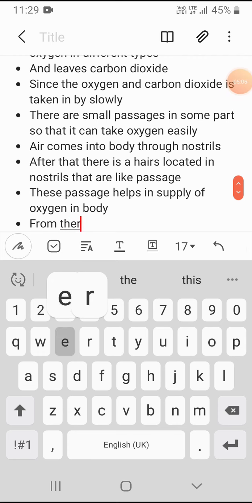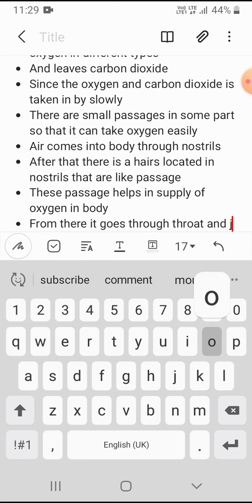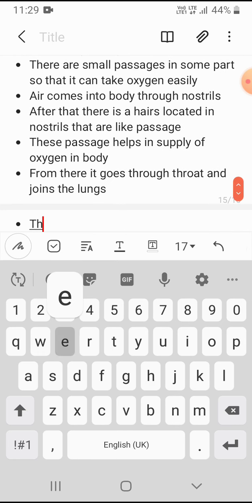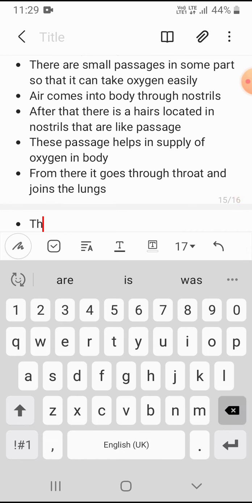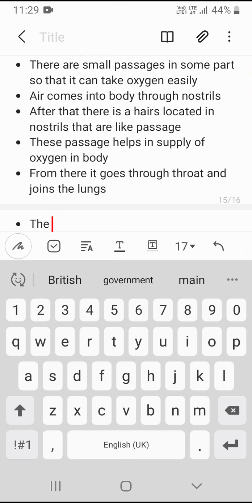from there it goes through the throat and joins the lungs. It goes through the throat and goes to the lungs.